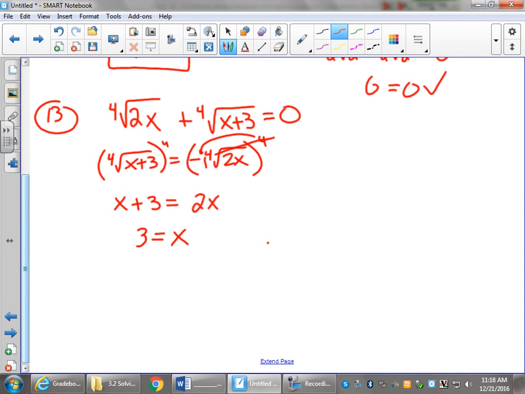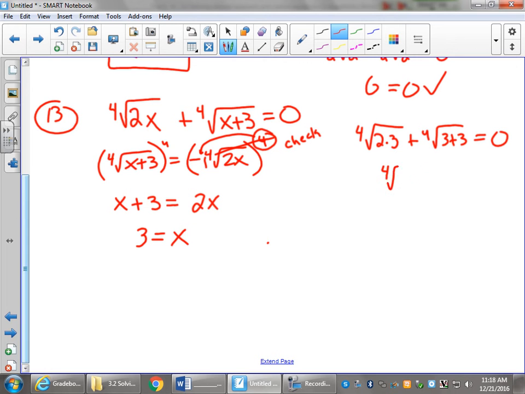Anything else, or are we done? We have to check. Fourth power right here, even power. Let's check it. So I'm subbing it into the original problem. The fourth root of 2 times 3 plus the fourth root of 3 plus 3, checking to see if that equals 0.